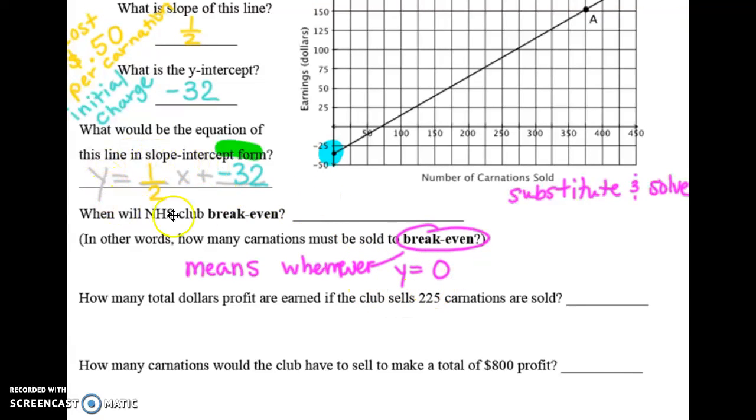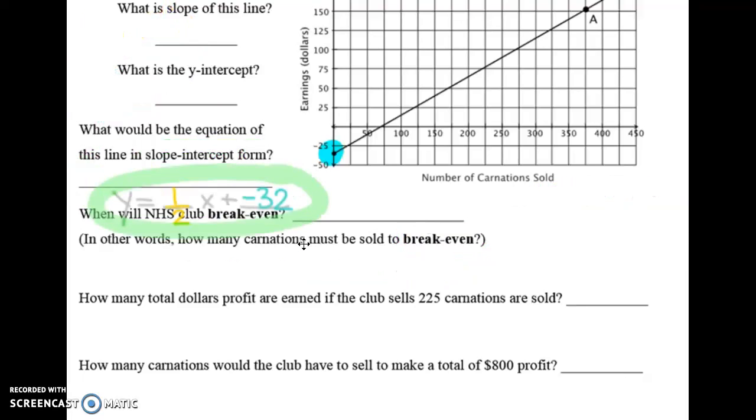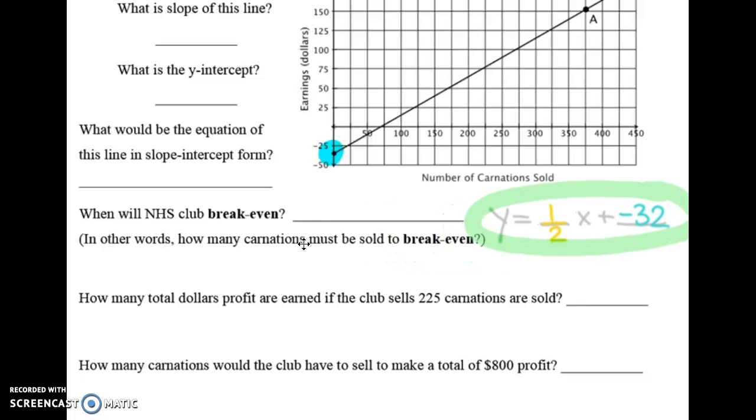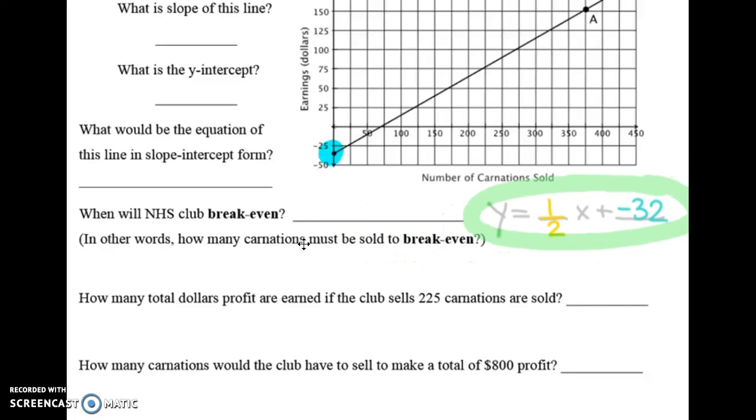I'm going to use the equation that I've now written of y equals 1/2 x plus negative 32. And that equation is going to help me answer the next 3 questions. So, y equals 1/2 x plus negative 32.